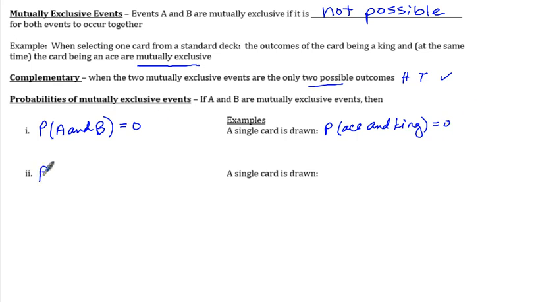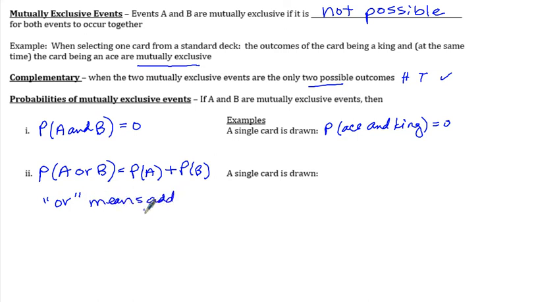But the probability of A or B occurring for 2 mutually exclusive events, well, that's calculated by finding the probability of the first one happening and adding it to the probability of the second one happening. So instead of and, we have an or, and or means add. So and means multiply, or means add.